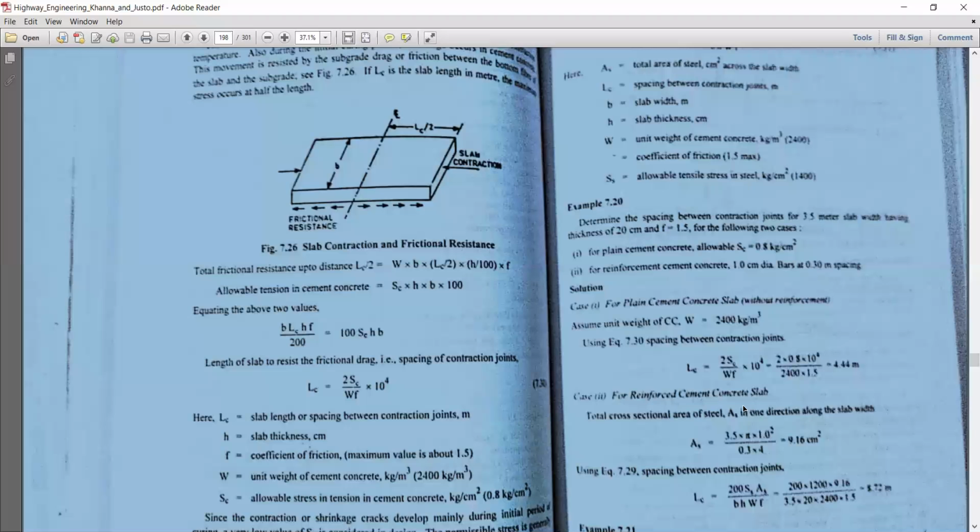Here S is the allowable tensile stress, A is the total cross-sectional area of steel, B is the slab width, H is the slab thickness, W is the unit weight of cement concrete, and F is the coefficient of friction.